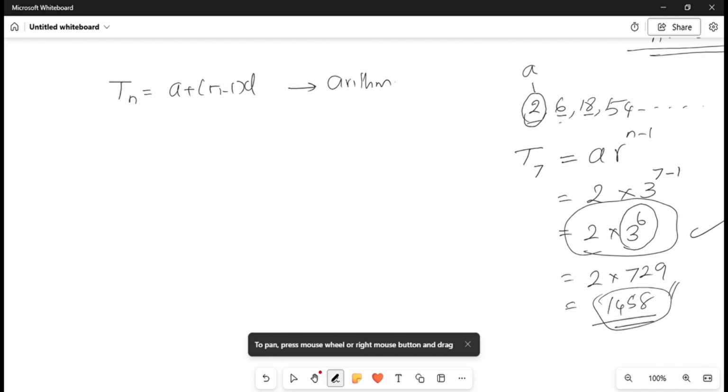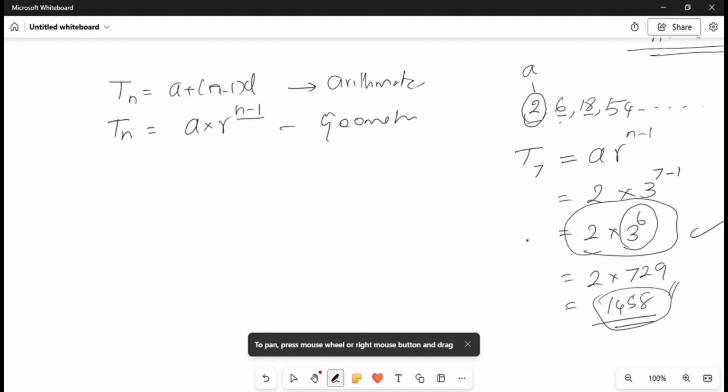But in geometric progression, Tn equals A into R to the power n minus 1. This is geometric. So don't get confused with these two formulas. This is for geometric, this is for arithmetic. Here plus, here into. N minus 1 is coming here as a power. Right. That's all. So now if you know how to solve this using the formula, that's very easy.